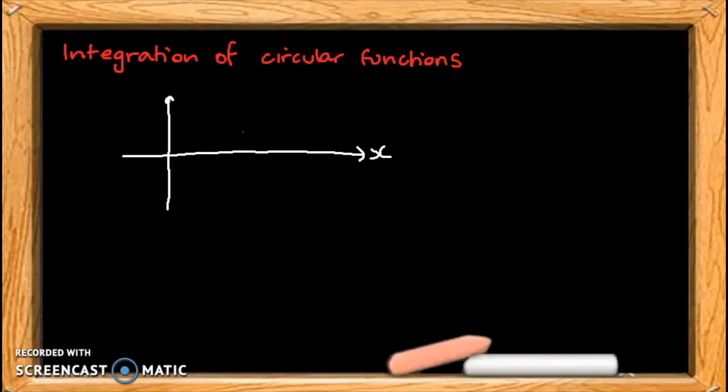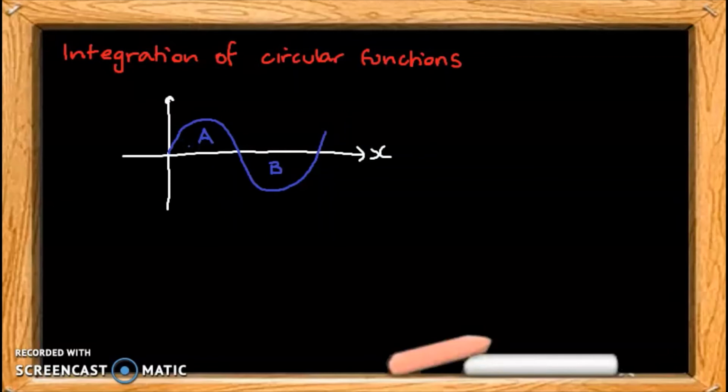If I were to sketch, for example, my sine curve, it's worth noting that this area here, let's call it area A, and this area here, B, are identical in size.